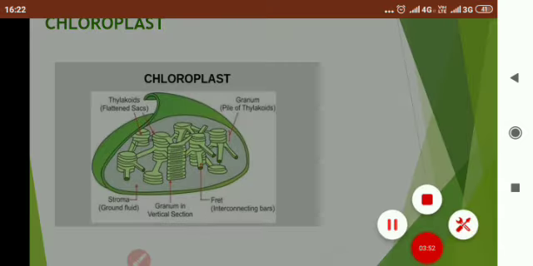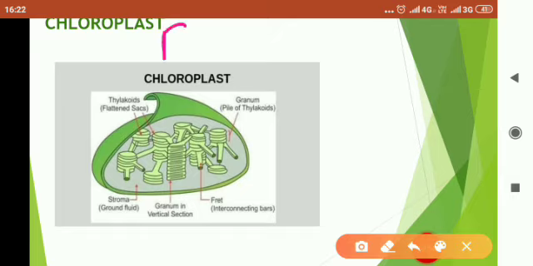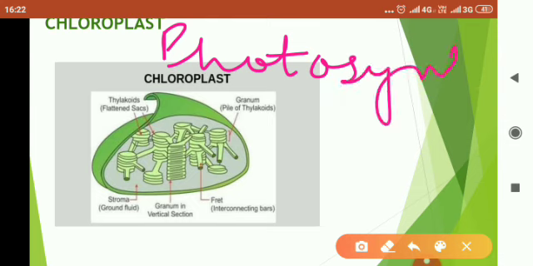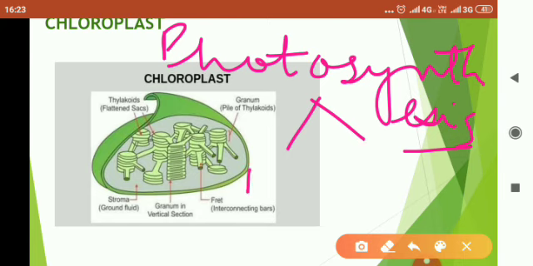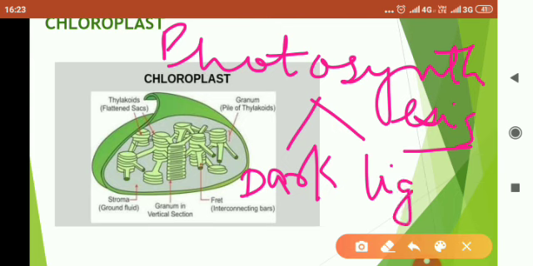During the process of photosynthesis, you have heard, photosynthesis is the process by which plants prepare their own food. Now this photosynthesis requires chlorophyll, water and sunlight. So during the photosynthesis process, there are two types of reactions that occur. One is the dark reaction and the other one is the light reaction.